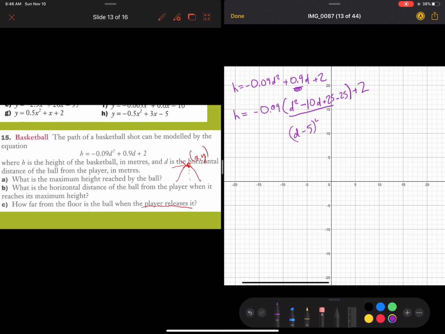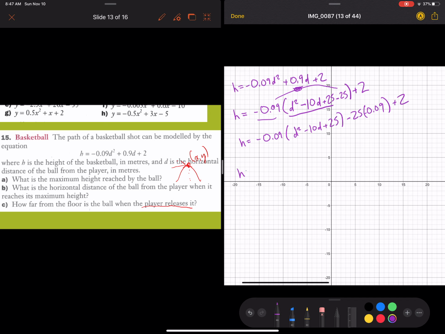But let's write it out a different way. h is equal to negative 0.09 times d squared minus 10d plus 25, minus 25 times negative 0.09, to bring it out of the brackets, plus 2.